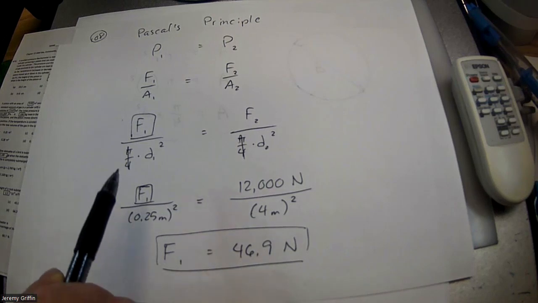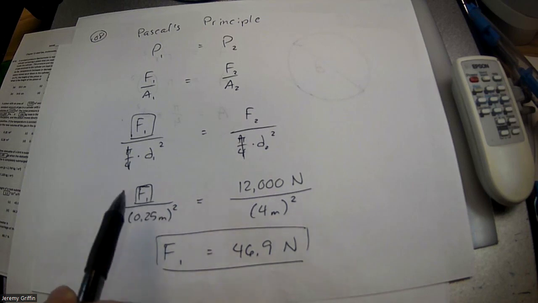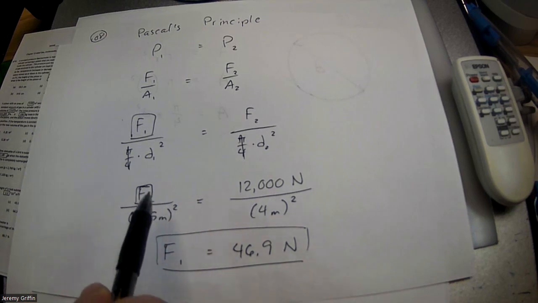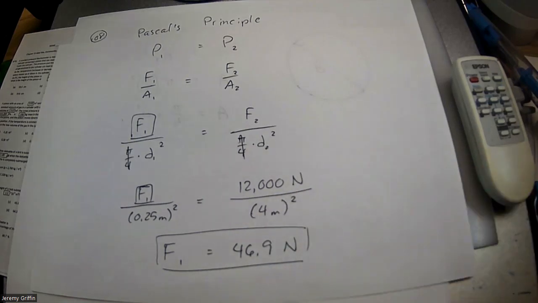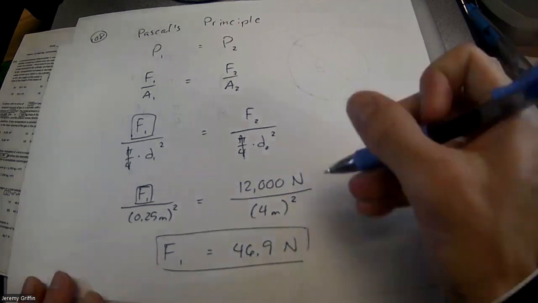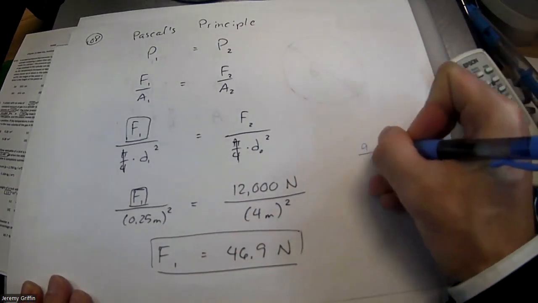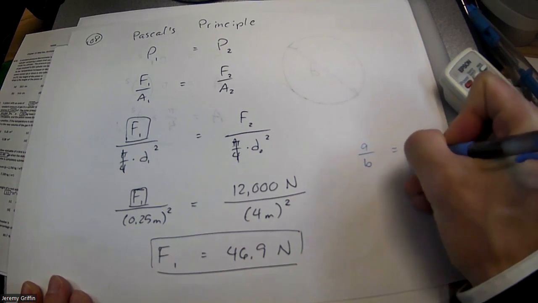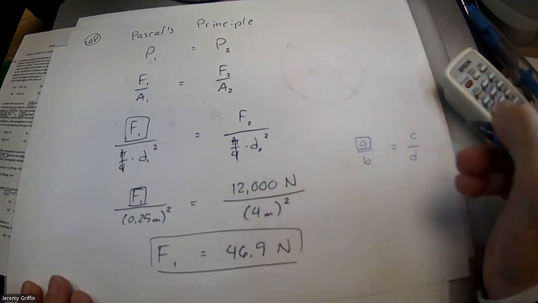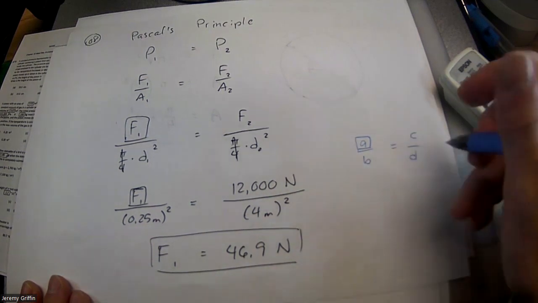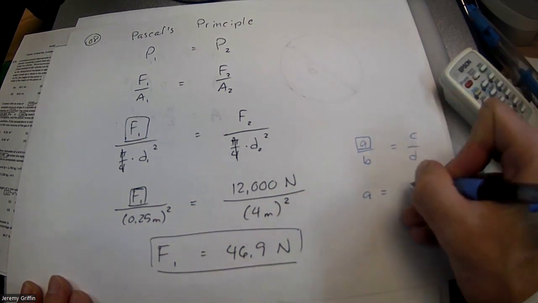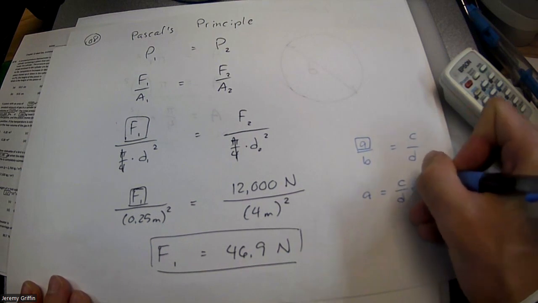So if you want to isolate this F1, right, take this denominator, 0.25 squared, and cross multiply it. So multiply it up here. Okay. I'll do it inside here. You guys have A over B equals C over D, and you're solving for A. That's basically what we're doing. Right? Take this B and cross multiply it so that A is equal to C over D multiplied by B.